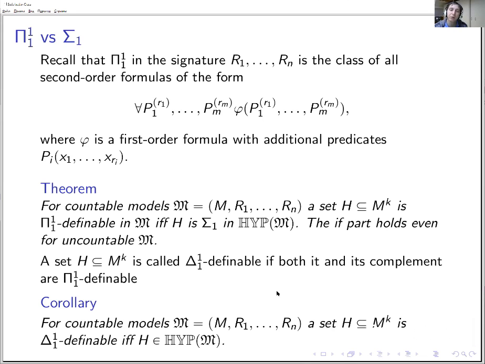The other direction is a bit more complicated, and basically the idea was to show that the truth of Pi 1 1 sentences holds as follows. A Pi 1 1 sentence is true if and only if it's provable in omega logic.